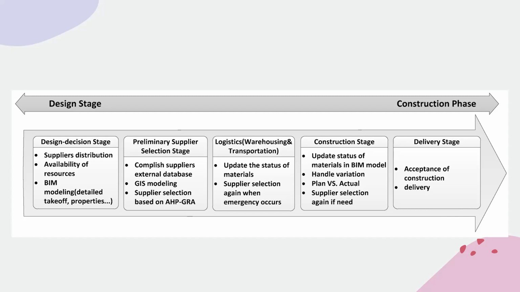And if needed, we might need to have some suppliers for emergency situations as well. After completing all these stages only, we can come into the delivery stage. Before delivering, the construction work should be accepted mainly by the consultant, and then only we can do the delivery. Delivery in the sense we are handing over the particular work to the client.